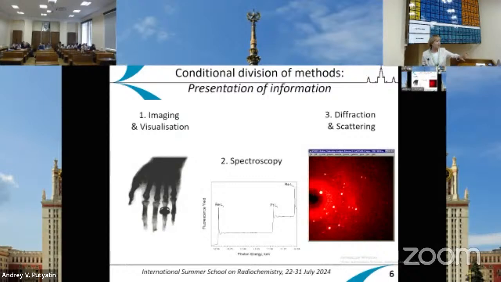The first is imaging and visualization methods. Some methods could be just imaging, spectroscopy or diffraction, but I mean the kind of presentation of information that we can obtain from them. So imaging and visualization, spectroscopy analysis, you know what spectroscopy means? It is distribution according to energy. And diffraction scattering is not the same; it is based on other physical principles.